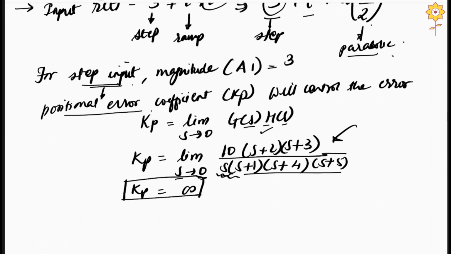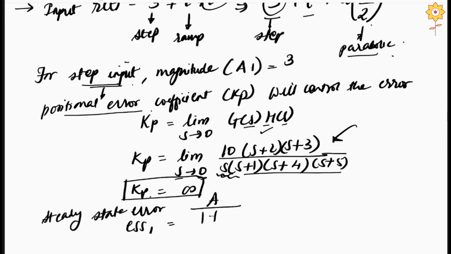So, we will have to calculate the steady state error, okay. So, steady state error for what? The step input. Steady state error ESS, let us denote it with 1, okay. So, the formula is A upon 1 plus Kp. We know the value of A is 3. So, we will substitute 3 upon 1 plus Kp.